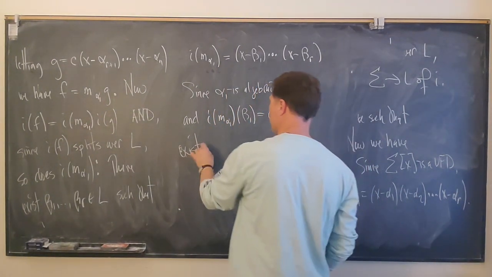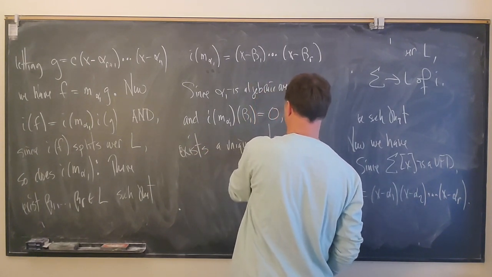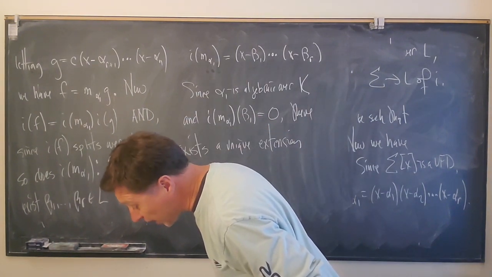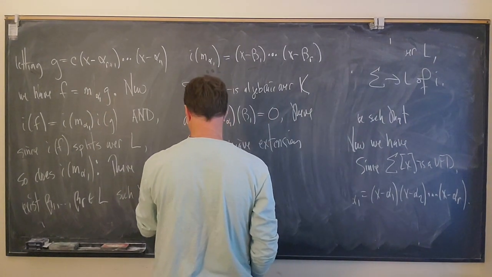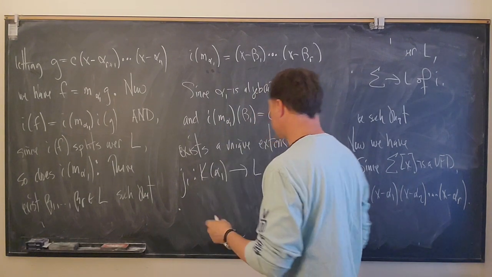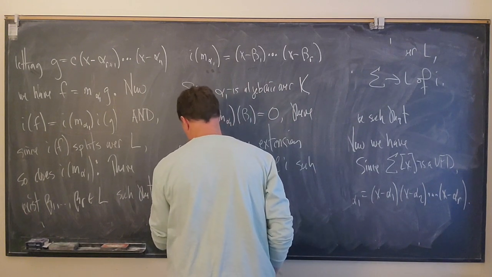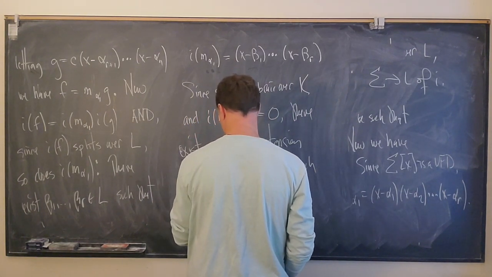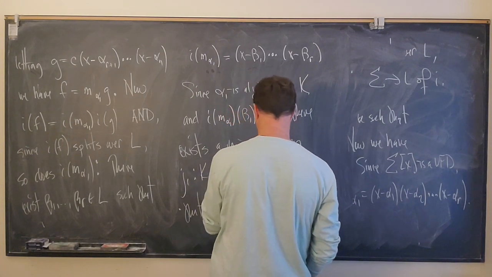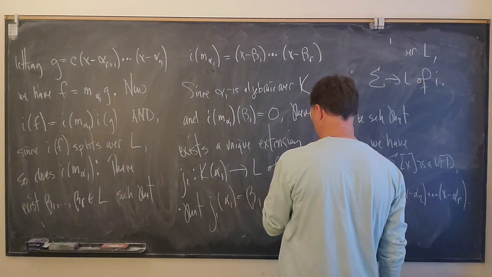There exists a unique extension, which I'm going to call J sub 1, going from K adjoin alpha 1 to L, such that J sub 1 of alpha 1 is equal to beta 1. All right, so that is our theorem 2.5.